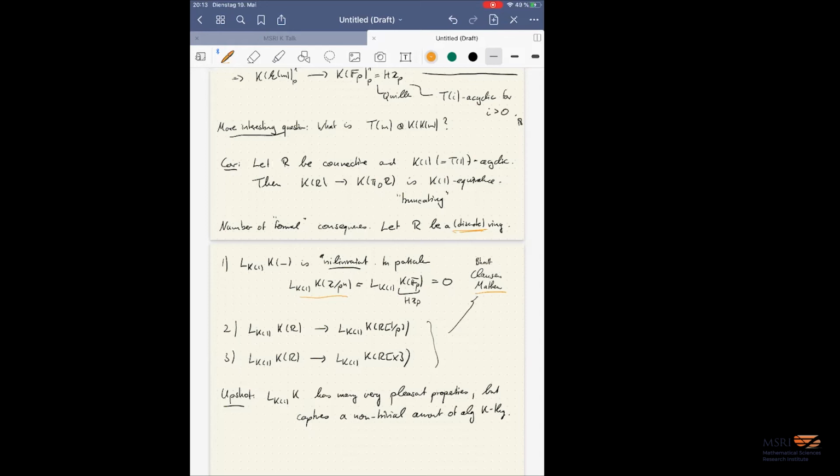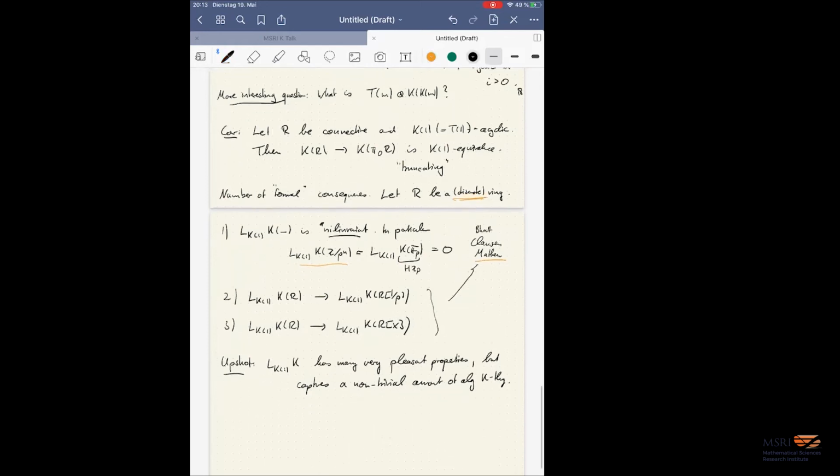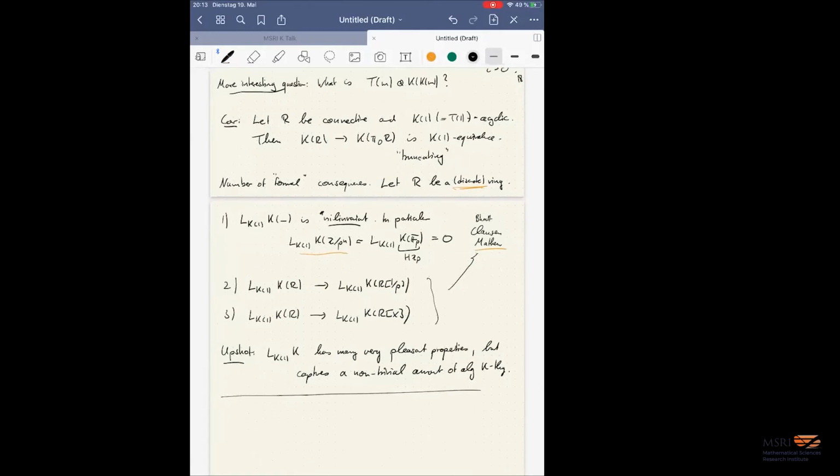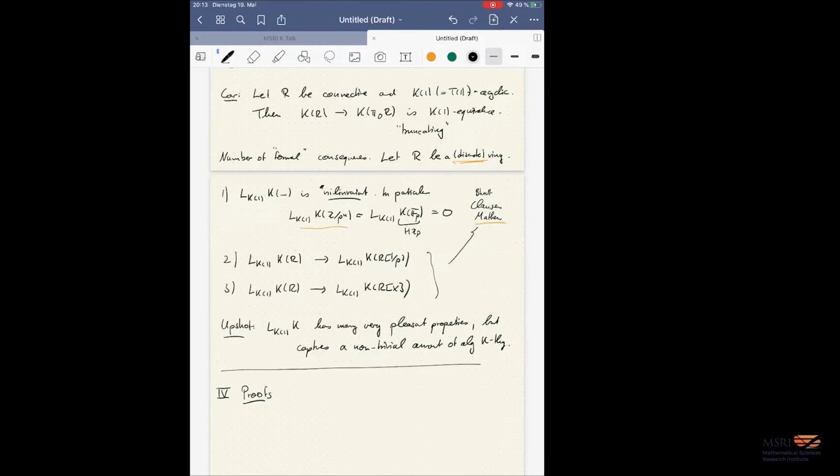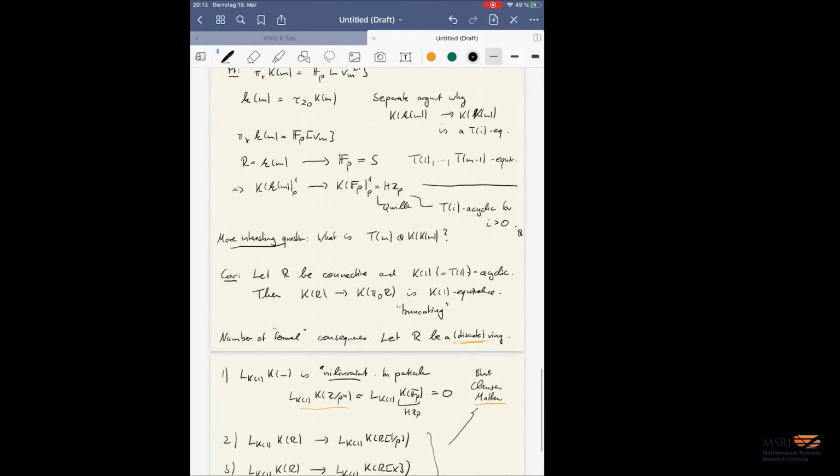Okay, then I want to say a little bit about the proof, not very much, especially because I promised to end at past. So I hope it's part 4 now, proofs. What I essentially will do is explain, so let me go back a little bit.